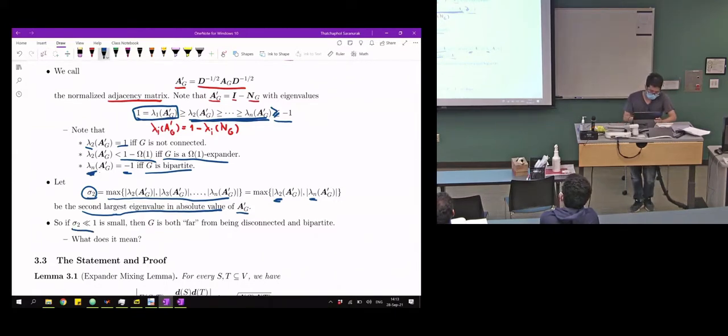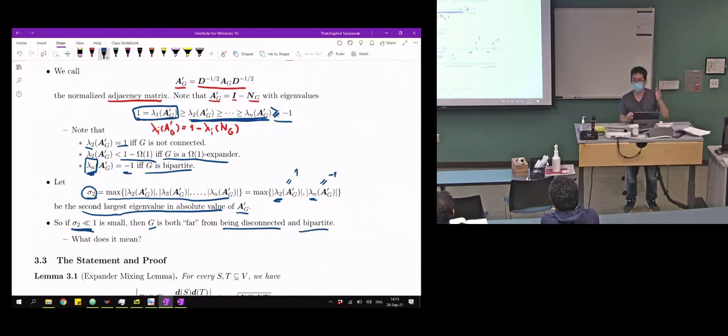Now, what does it mean when sigma 2 is small? You see that lambda n can be -1, and this one can be 1. But if sigma 2 is strictly less than 1, then G is far from being disconnected, it is an expander, and also far from being bipartite.